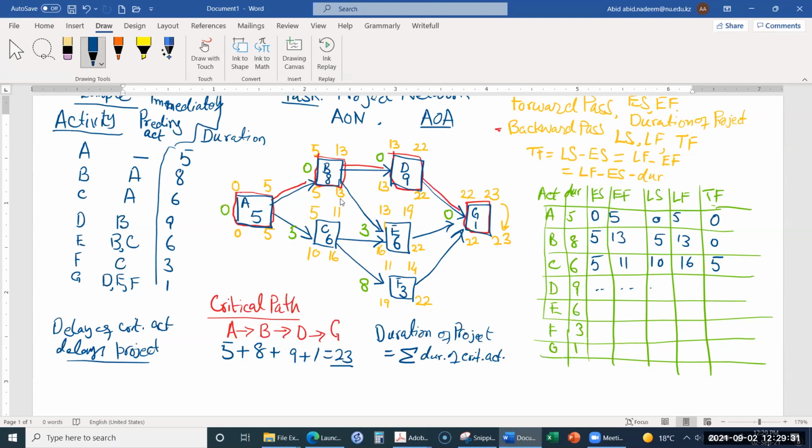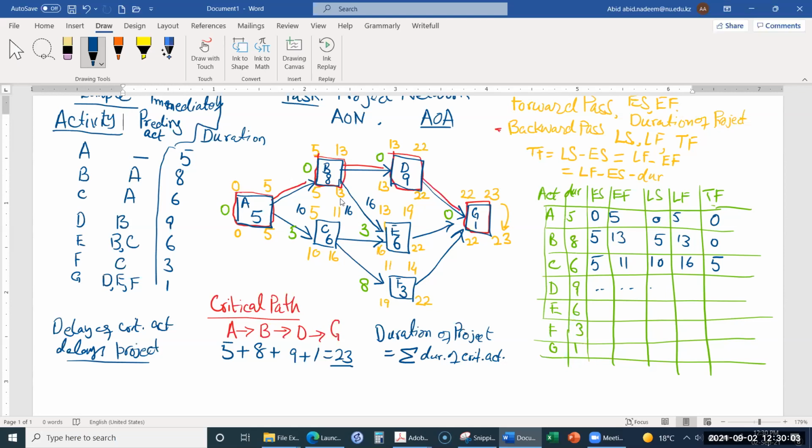If its preceding activity C starts from day 10 instead of 5, then it will finish at 16, and that will cause activity E to start at day 16. So now activity E will become a critical activity because its late start time is also 16.